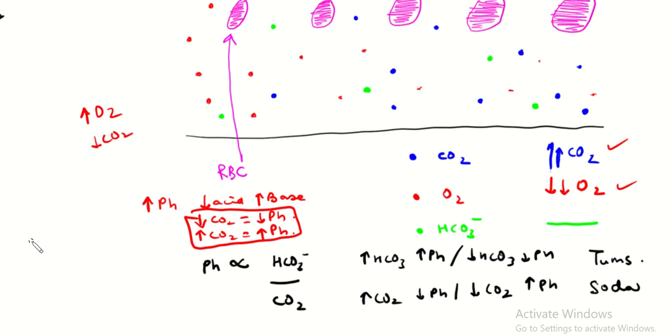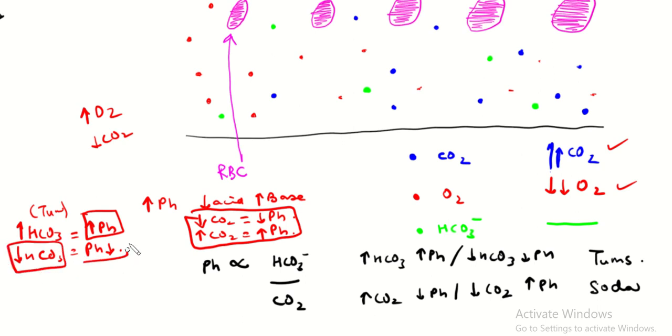Or another way to look at it is if you have bicarb. So let's say your bicarb goes up, right? Your pH goes up. Your bicarb goes down, pH goes down. Right? More Tums, more alkalemia, pH goes up. Less Tums, less alkalemia, pH goes down.